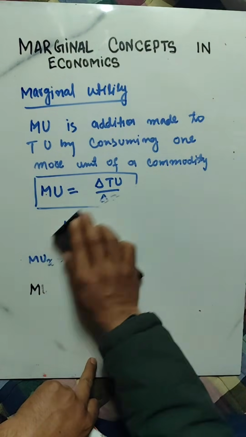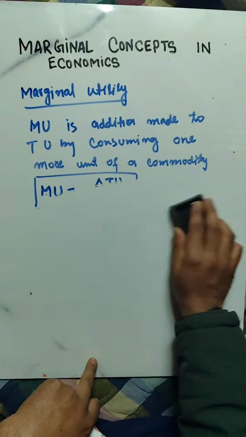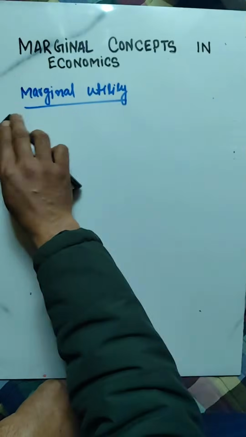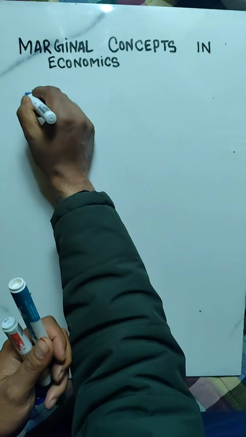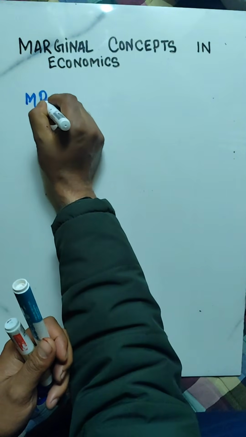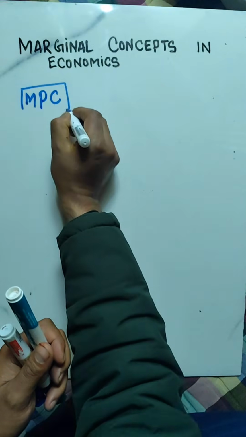Now we have the second concept from the marginal concepts: the marginal propensity to consume. So by this what do we mean?